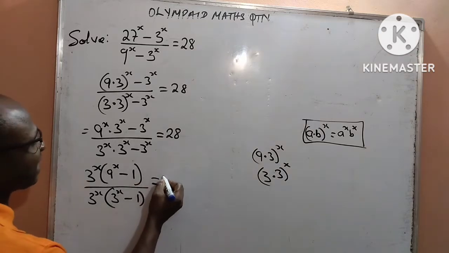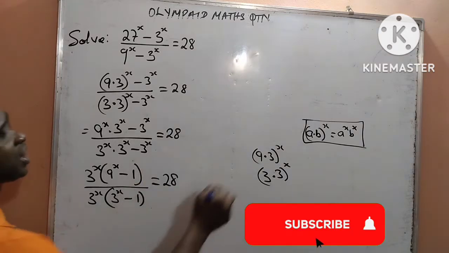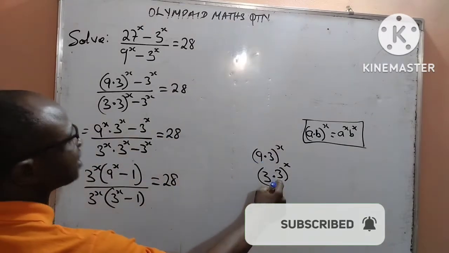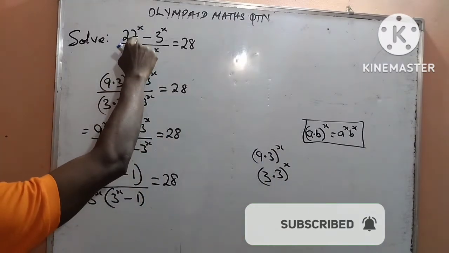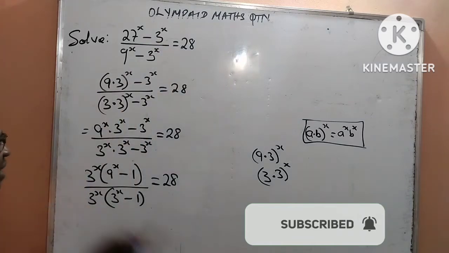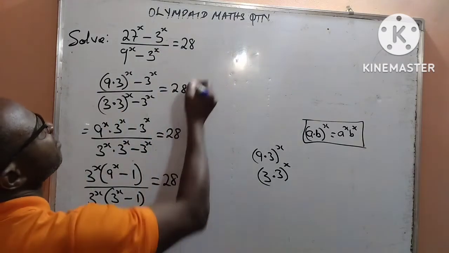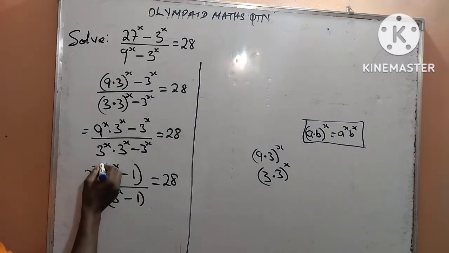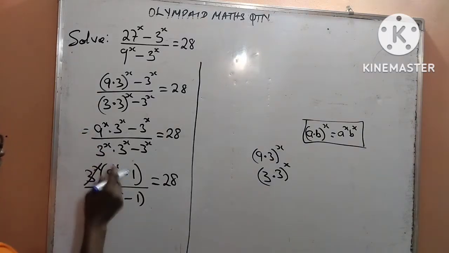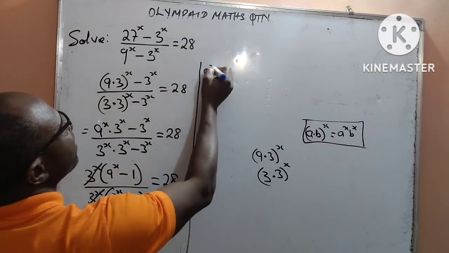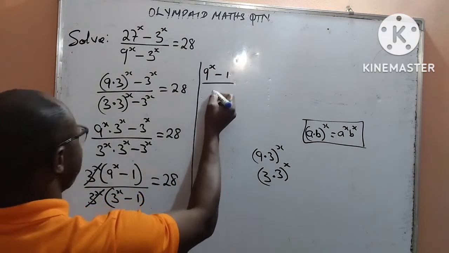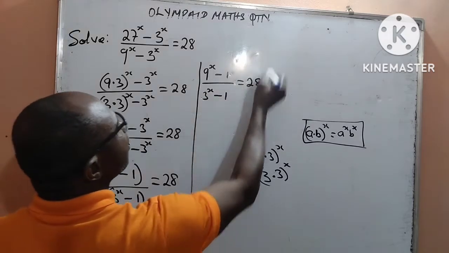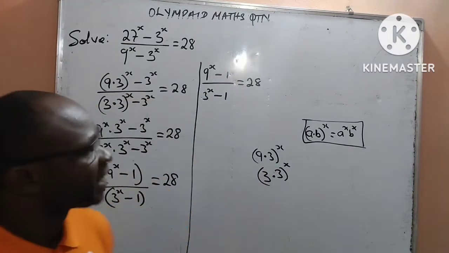That has been my target, because I had the interest of factoring out 3^x that is common in all of them outside the bracket, so that I can reduce the workload. Therefore, I can now cancel this and this, leaving me with (9^x - 1) divided by (3^x - 1), all equal to 28.